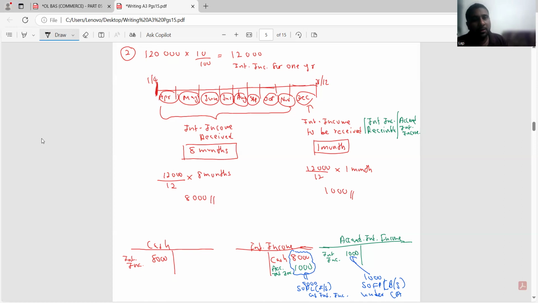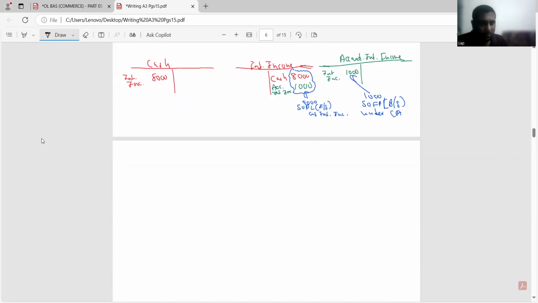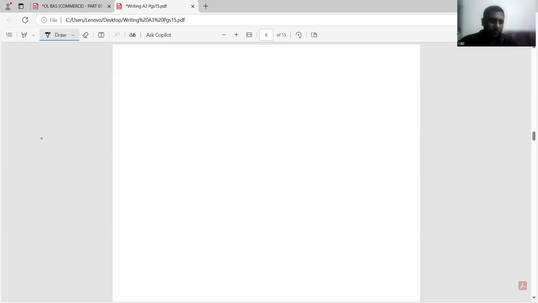We debited the income receivable because we have to receive it. An asset. That's right. Accrued income means past income not yet received.